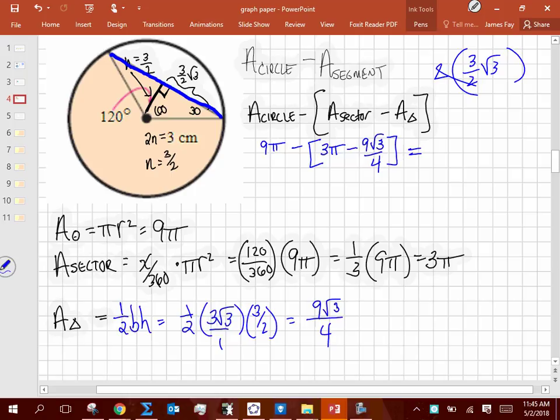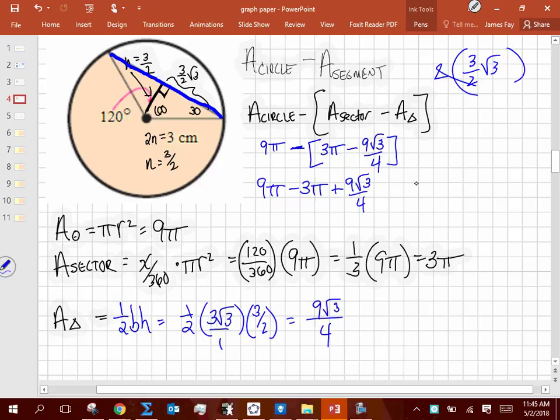And I also have to pay attention to minus a quantity, right? If I look at this, does that imply 9 pi minus 3 pi minus a negative 9 radical 3 over 4? What's minus a negative? Plus.